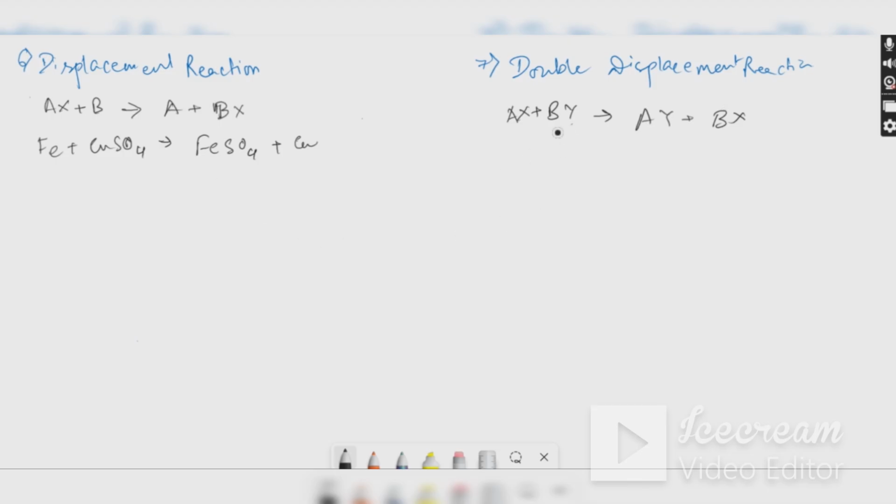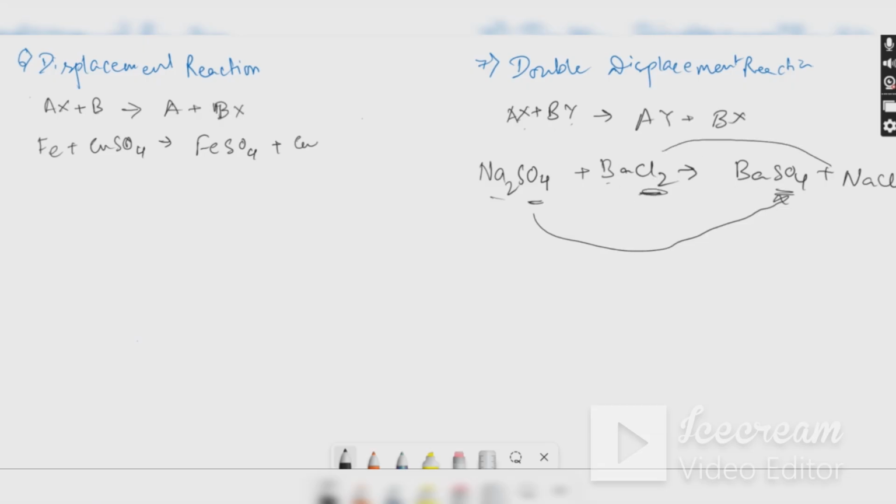X will go for Y and Y will go for X. So in this kind of reaction, sulfate, which was with sodium, went to barium, becoming barium sulfate, and chlorine, which was there with barium, went to sodium and became sodium chloride.